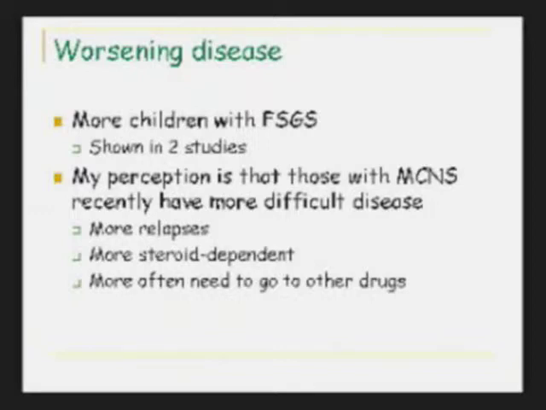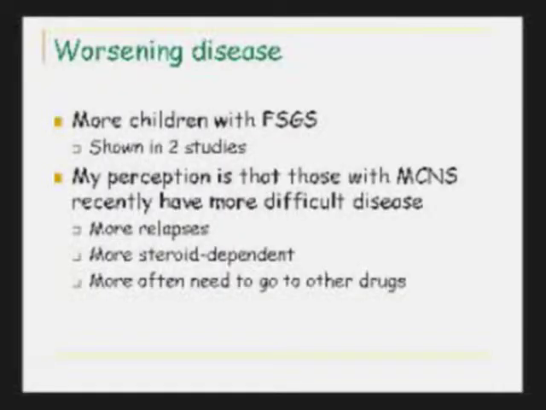There were two studies done together that came out at about '99 that first showed this, and then there have been a lot since then showing that focal segmental sclerosis is getting more and more common, and simple minimal change disease less common. Those children who have minimal change disease are having more and more difficult disease with more relapses, more steroid dependence, and more need often to go on to other medications.